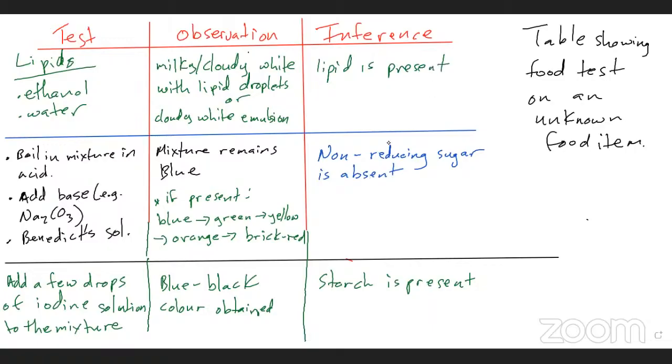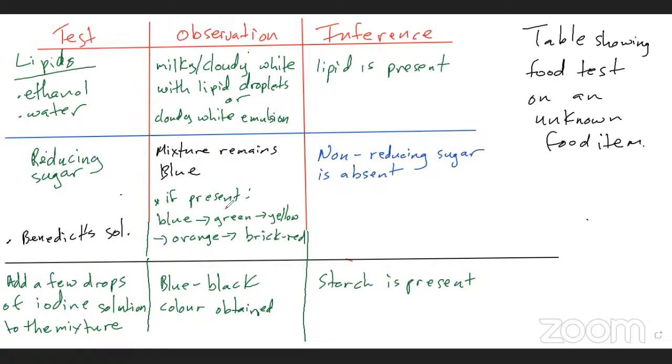And of course, for the reducing sugar test, we would not need any acid or base. So if I was testing for reducing sugar, all I need is the Benedict solution. And if it is present, the color change will be the same.